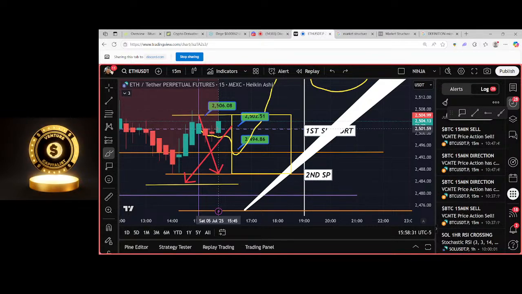But here's the concept: if you put in your initial trade at 100%, and that trade backs up to a lower position, so if you bought at 2,500 and the trade went down to 2,450, you would then put in another 50%. Let's say you had a $50,000 trade and it dropped below your $2,500 entry.